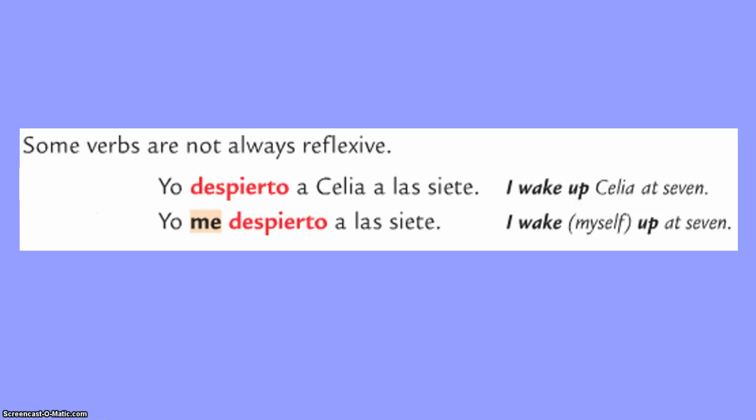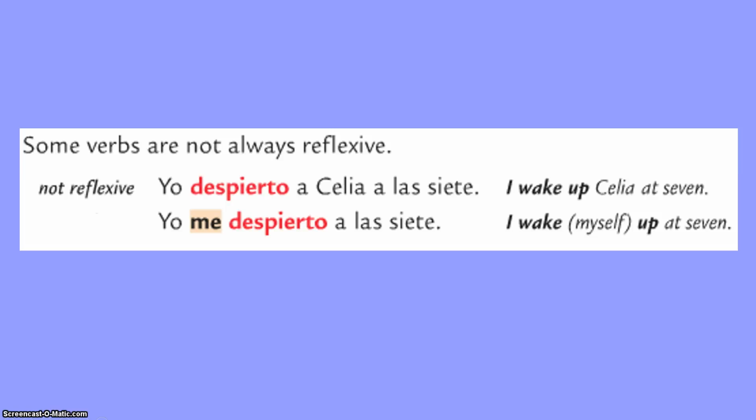I am. But who is receiving the action of being awakened? Celia is. Therefore, it can't be a reflexive verb because, remember, with reflexive verbs, the subject both does and receives the action. So, this is an example of a verb that is not reflexive because I am waking Celia up. I'm not doing and receiving.